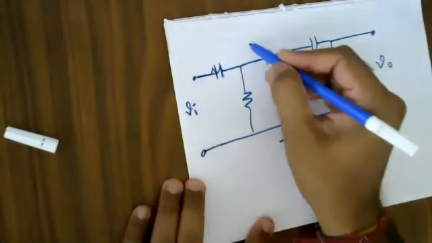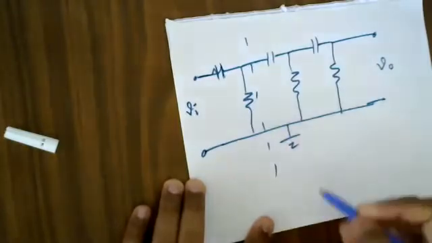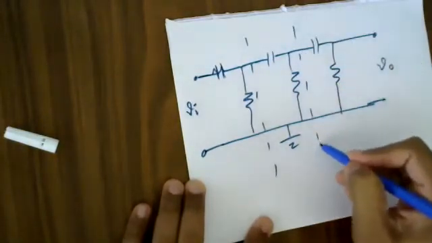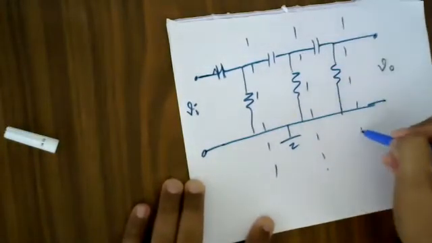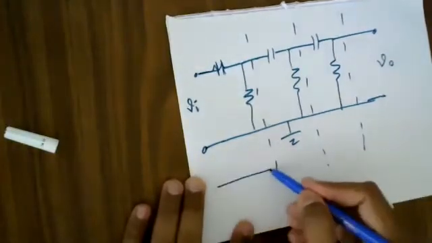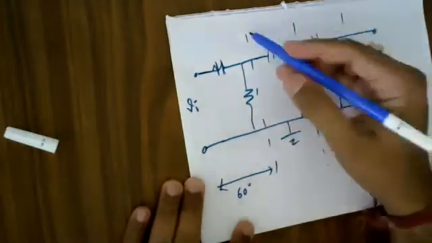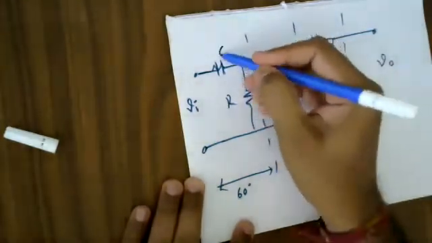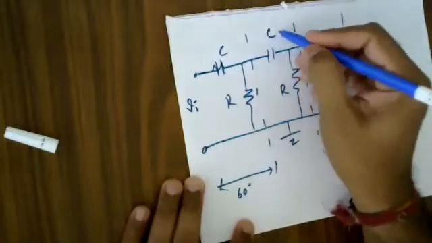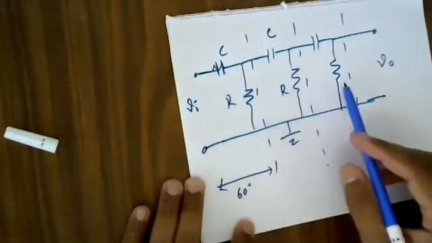So a pair of RC circuit. Let me say this is the first pair, this is the second pair, and this is my third pair. Each pair has the ability of producing a phase shift of 60 degrees. That's how I'm going to design my values of R and C. If you see my circuit, I'm not writing R1, R2 and R3.